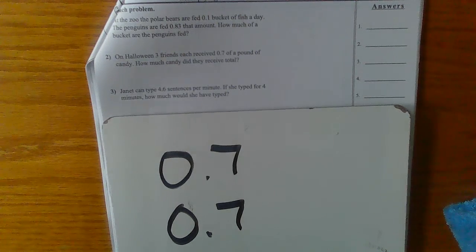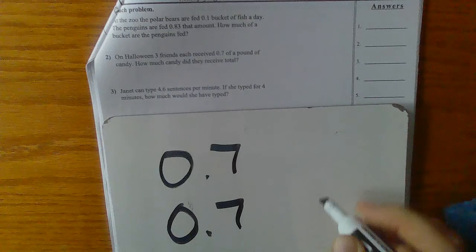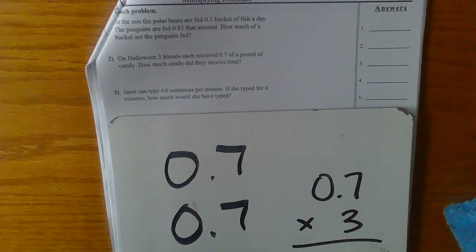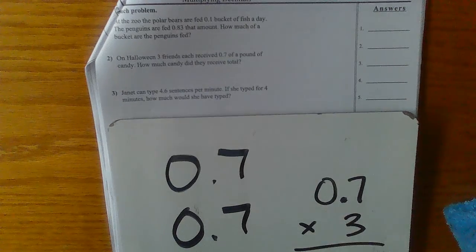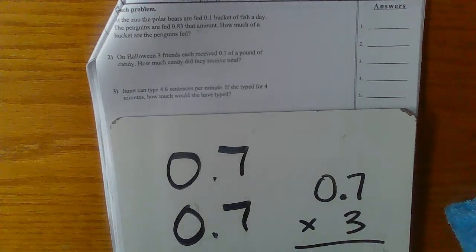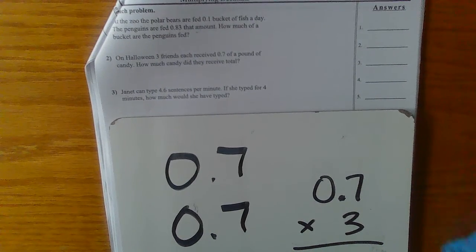But when I'm adding, I'm thinking 7 times 3, 21. My decimal still is going to go here. I could multiply 7/10 times 3. Again, I'm thinking 21. I have 1 decimal, so my decimal needs to go here. It's going to be about 1, 2, 3, right? It's going to be less than 3 whole because I have less than 1 whole for each. So 2 1/10 pounds of candy total. It's a lot of candy.